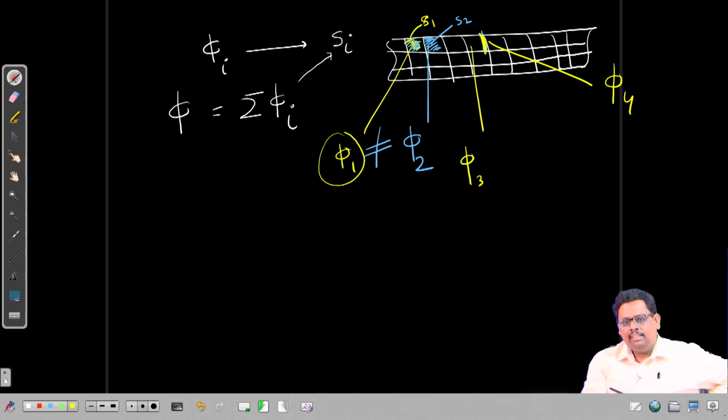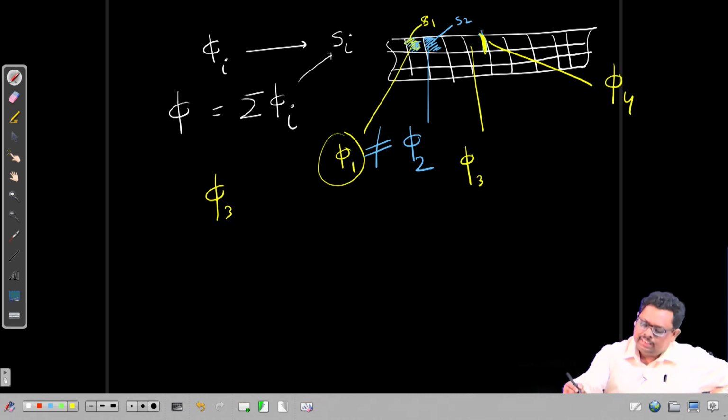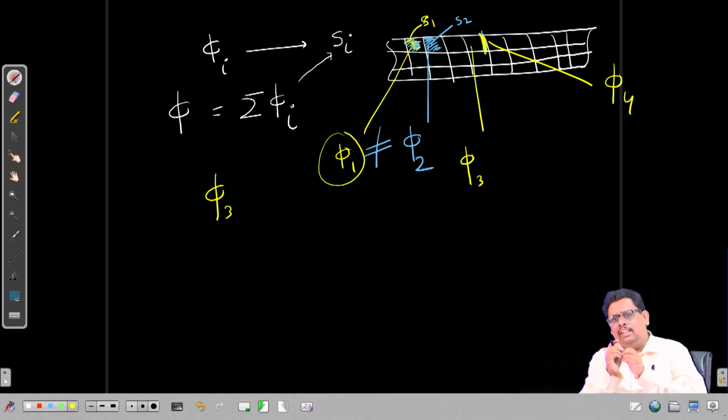We accept that at the boundary we have a discontinuity, because on the left hand side we have phi 3, on the right hand side we have phi 4. So, at this boundary definitely there will be discontinuity. Again, the second level of approximation is as follows. We claim that even if there is a discontinuity, it is marginal or ignorable. So, we ignore this discontinuity.